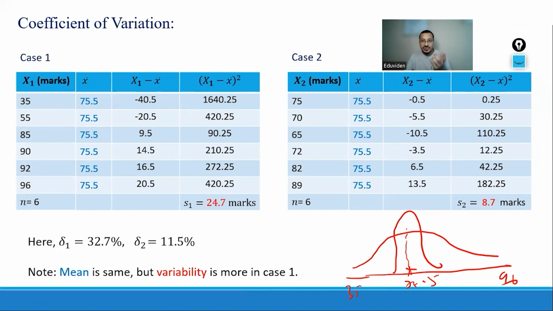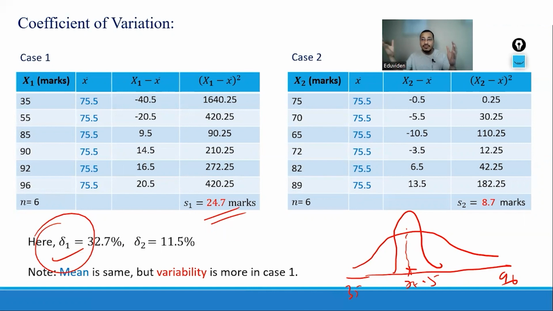But there will be some cases where it will be even more difficult. The mean will be different in both cases and the standard deviation also. Then how will you compare? Again, you can use the coefficient of variation. It works like a scaling effect, because you are scaling the standard deviation with respect to the mean of the corresponding data set. You might have two different sets of data where the scale is very different.